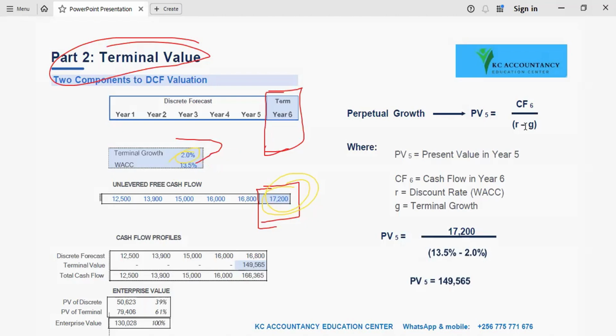We refer to that 2% growth rate as our terminal growth rate.